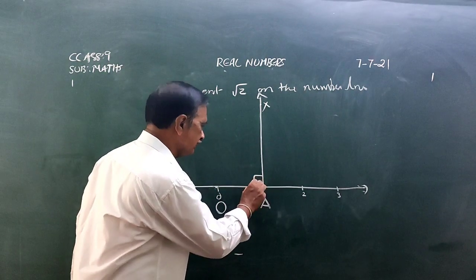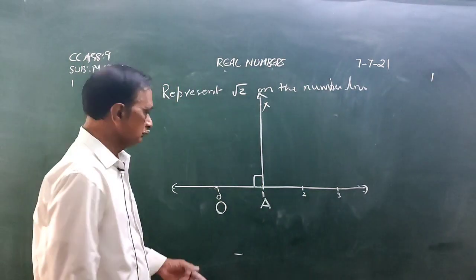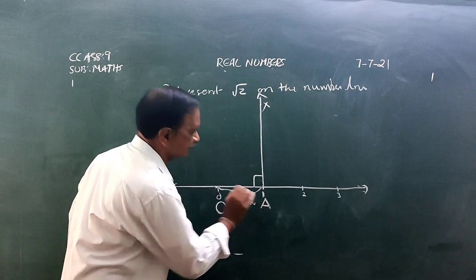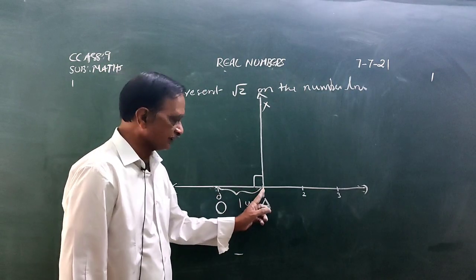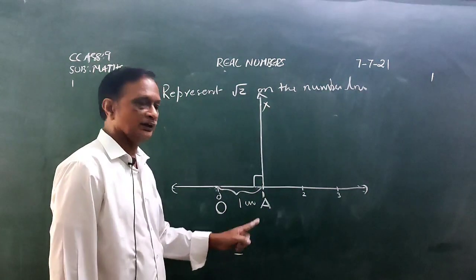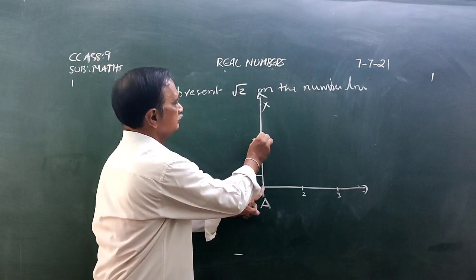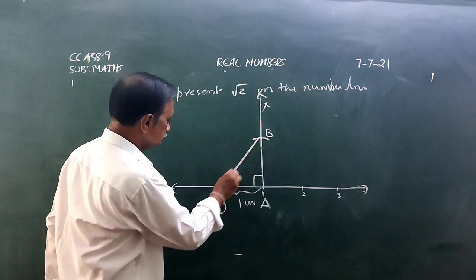So, what is the value of this angle? 90. Taking A as center and radius OA, what is the length of OA here? 1 unit. So, taking A as center and radius OA, I draw an arc to intersect AX ray at B and I join OB.